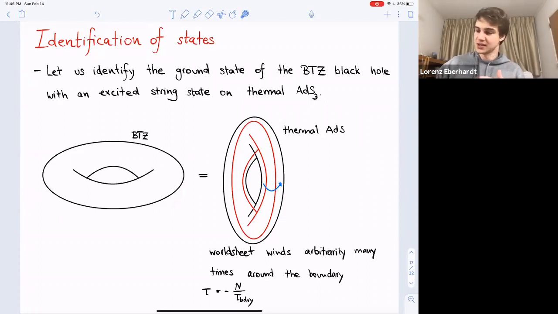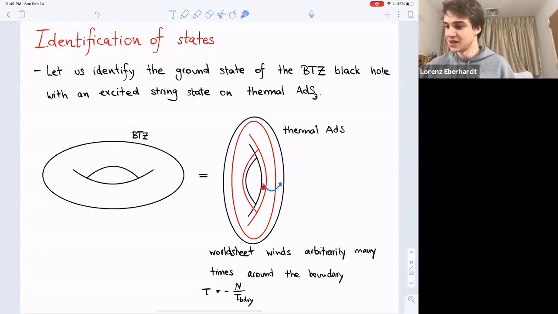In this case there's also a worldsheet configuration that dominates the high energy behavior, where the worldsheet winds many, many times around the spatial infinity of thermal AdS. So this worldsheet is highly winding, has a very high spectral flow, and is very excited. The worldsheet modular parameter is related to the boundary modular parameter by n. So it's basically winding a non-perturbatively large number of times around the boundary of AdS.